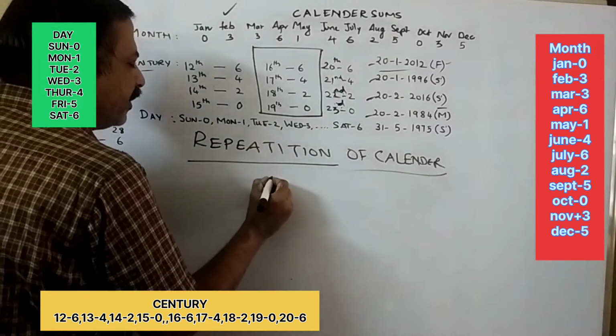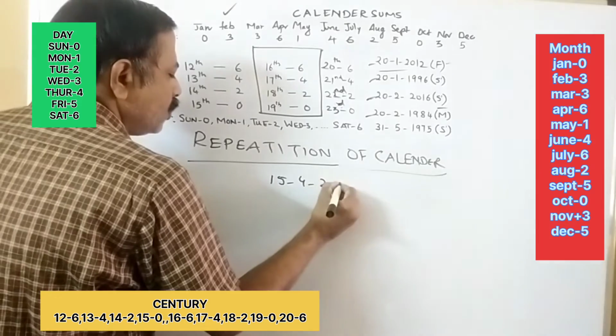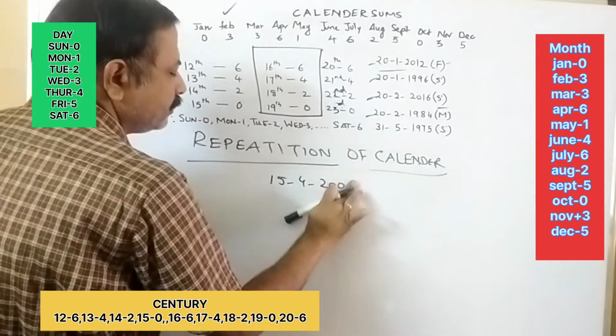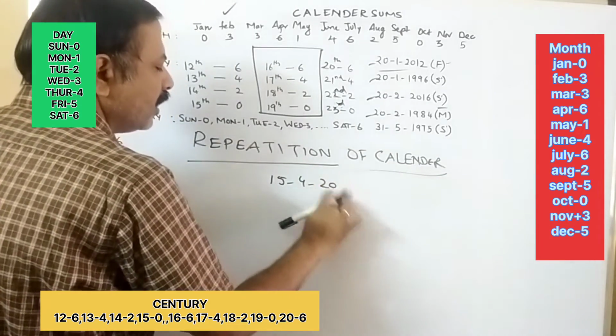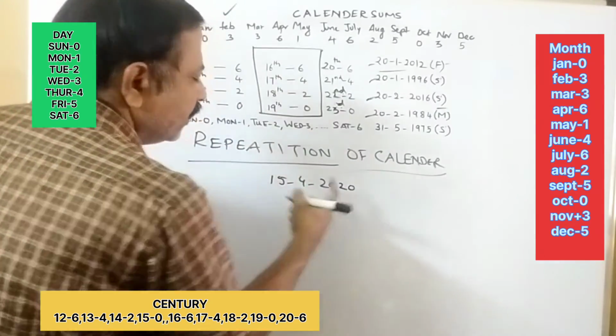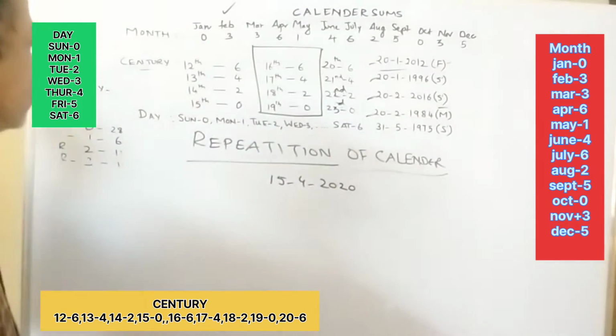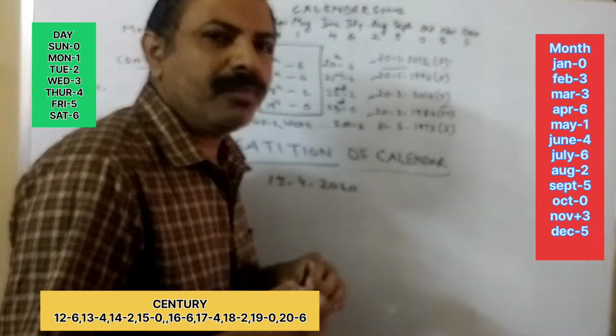For example, just now I took one date, 15 April 2008, something like that. Let us take 2020. This is a leap year as the last 2 digits are divisible by 4. So it repeats itself after how many years?